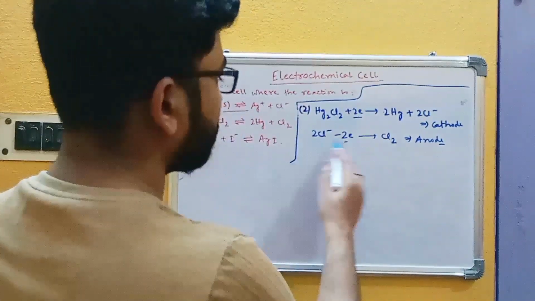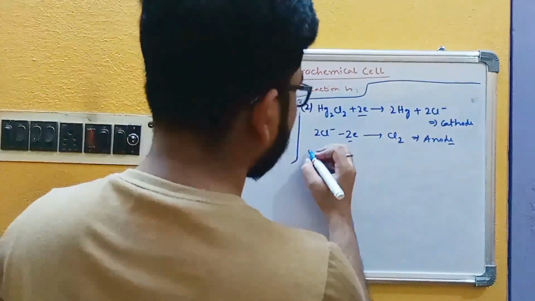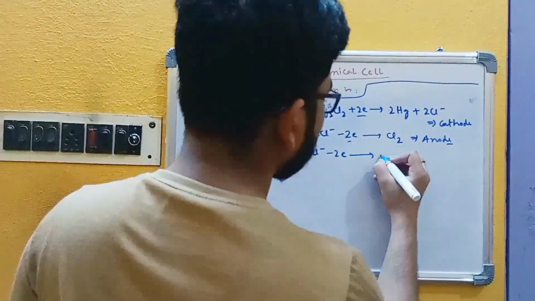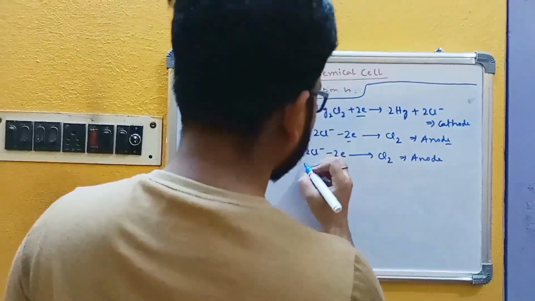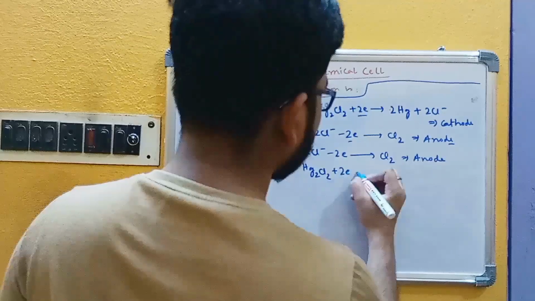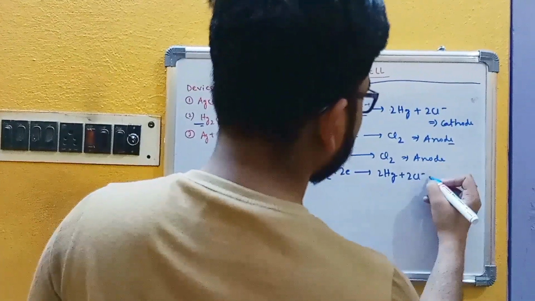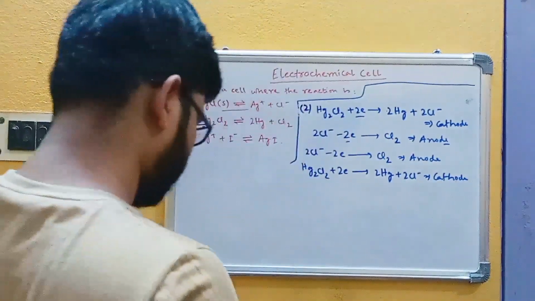And if we get the overall reaction from this, then our assumption is right. So if we write the anode reaction first, 2Cl minus minus 2 electrons, we get Cl2, that is anode, and Hg2Cl2 plus 2 electrons, we get 2Hg plus 2Cl minus, that is cathode.